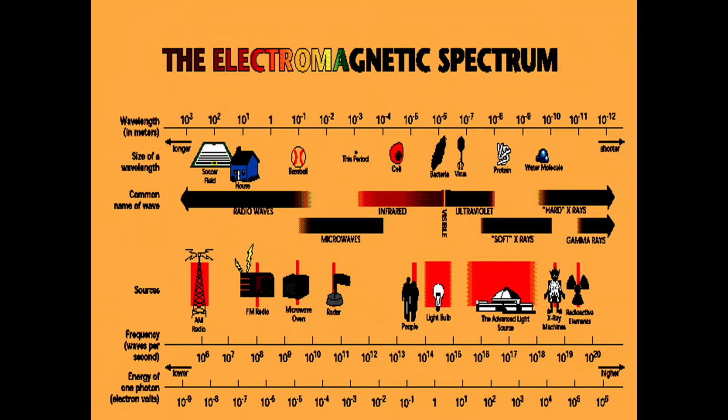So long wavelengths are radio waves. And if you look in that picture, if you move to the right, the wavelengths get smaller, the frequencies get larger.